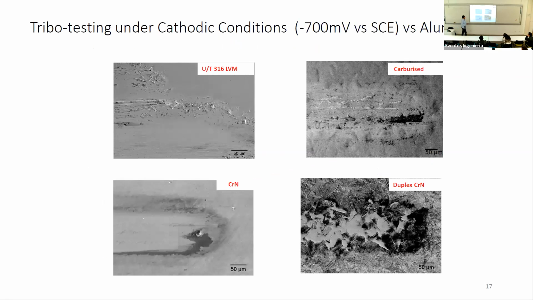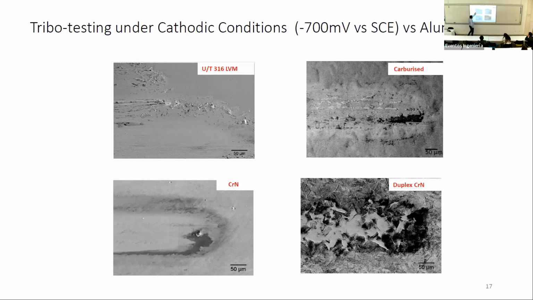So the first set of tests were carried out under cathodic conditions. So under these tests, corrosion reactions are suppressed. We're seeing that in all cases for the untreated, carburized, chrome nitride, duplex, the amount of damage is very little.